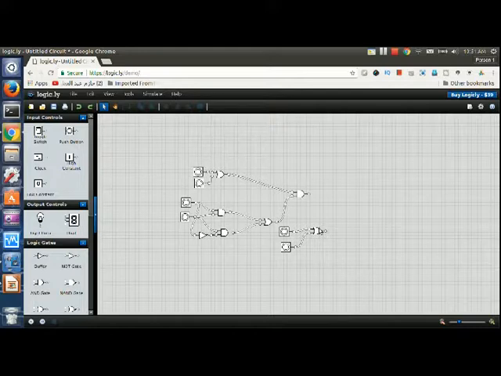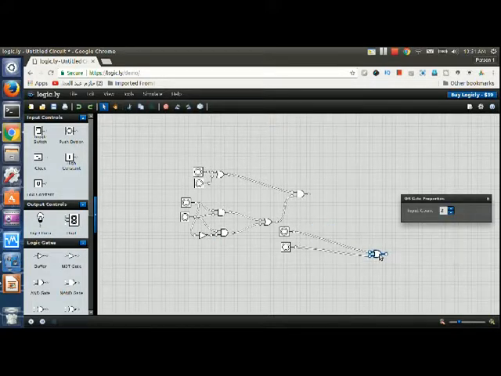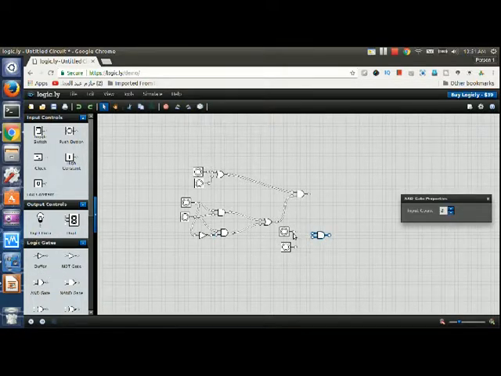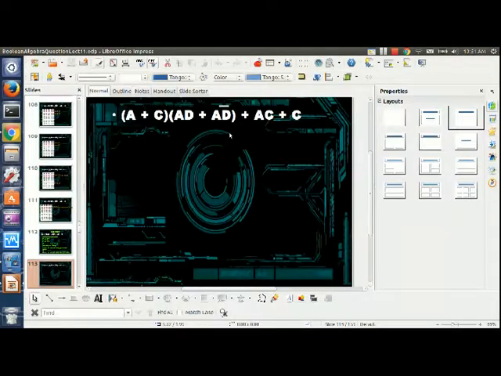I'm going to take this out again. Okay, AND gate. This is the A and C. And now I need an OR between them, which is this OR.